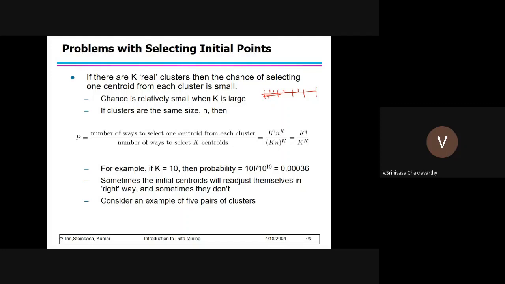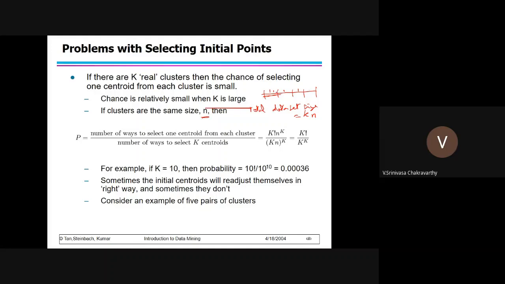So how do we calculate that? Assume that the data set can be divided into k clusters of the same size n, so the total data set size is equal to k times n. What is the probability of selecting centroids such that I select only one centroid from each cluster?